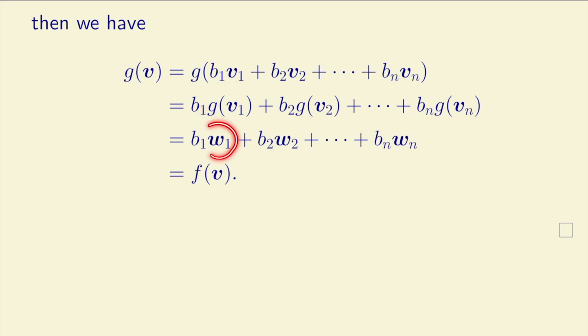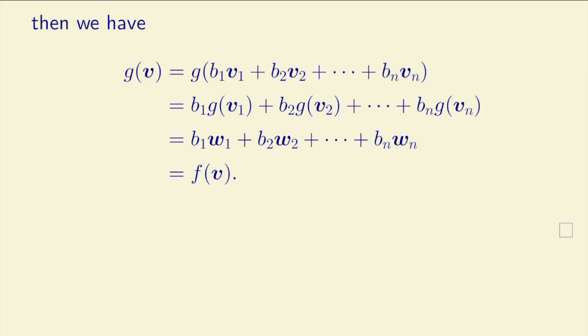We just assumed that g of vj equals wj, so we can substitute that in. g of v equals b1 w1 plus ... bn wn. Wait a second. That's exactly the same definition we used for f of v. Bingo! Since g of v is equal to f of v for any vector v in the space, the maps must be identical. Therefore, our map f is unique.